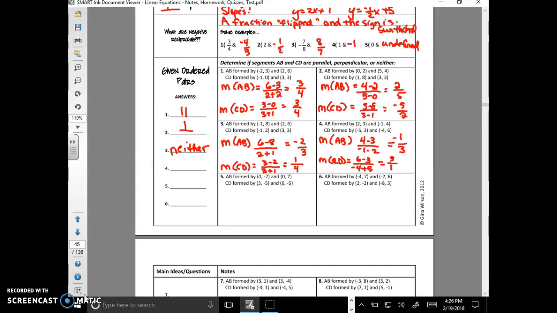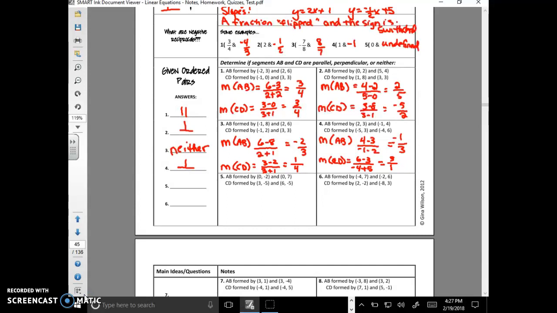That was a negative, right? Okay. So we have opposite signs, and we have the reciprocal, so that's parallel. Perpendicular, I'm sorry. Perpendicular. Parallels are the same slopes.